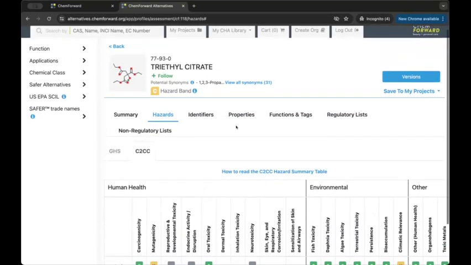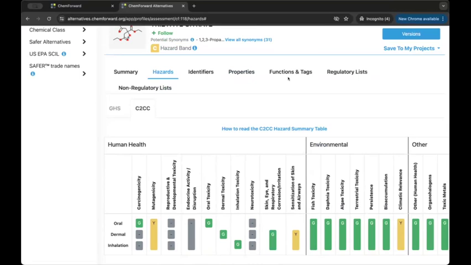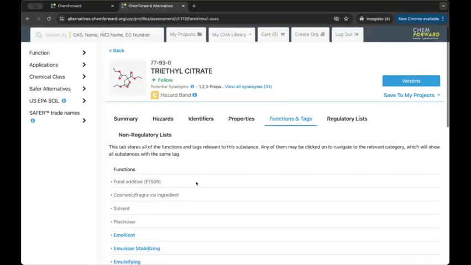Sure. So we actually consider anything to be a C hazard band or above to be a safer chemical. If, for example, you did want something that had a higher hazard band, meaning that it didn't have a gray or any sort of data gap in its hazard profile, what we could do is go back to functions.